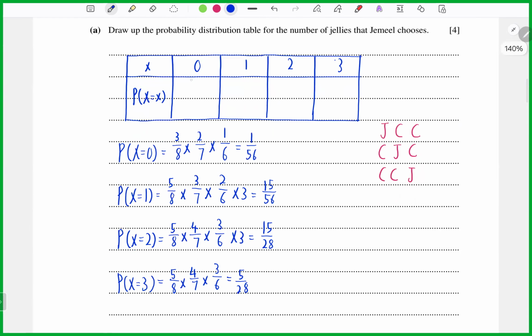So you can write here 1 over 56, 15 over 56, 15 over 28, and the last is 5 over 28.